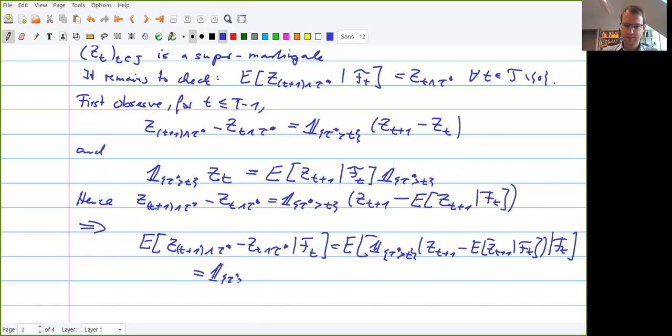Here we are. So I'm left with the conditional expectation of Z at time t plus 1 minus the conditional expectation of that at t plus 1 conditional on F_t, and all this is on F_t, right? And now I use the tower property.